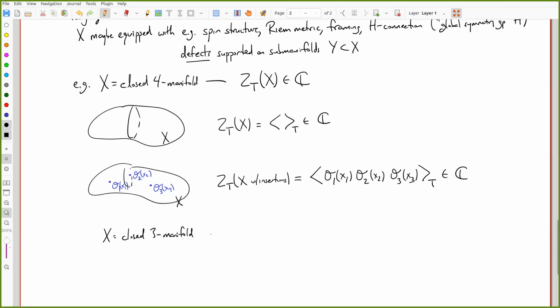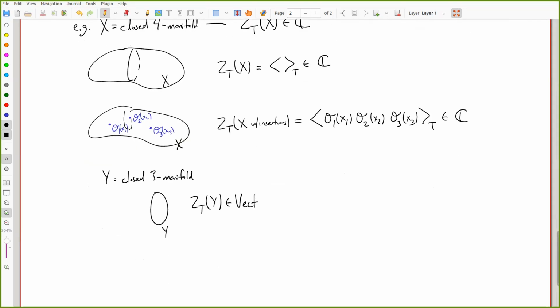If Y is a closed three manifold, then there's Y, and then ZT of Y is not a number, but kind of one categorical level higher. It's a vector space. So to a three manifold, we attach a vector space, which you think of as being the space of quantum states of the theory, formulated on a space which is Y cross R, if you like, or some infinitesimal neighborhood of Y in Y cross R.